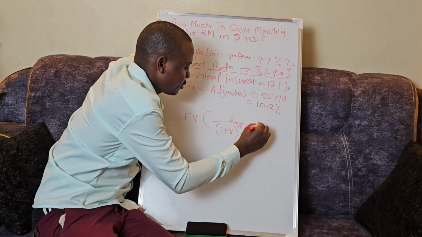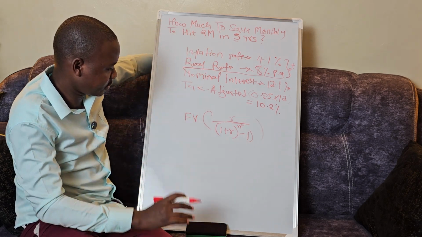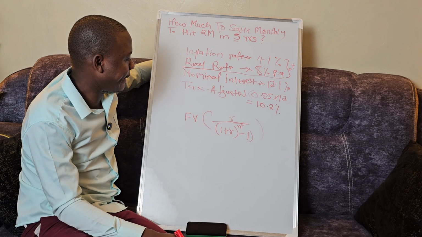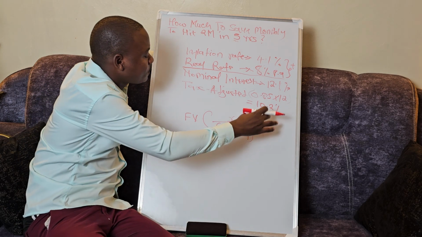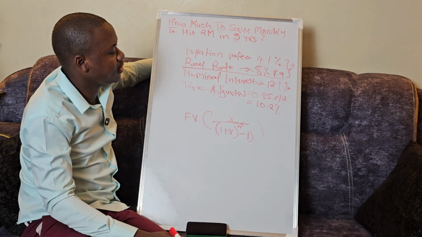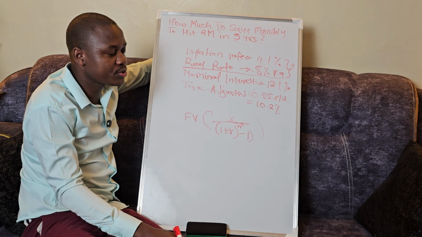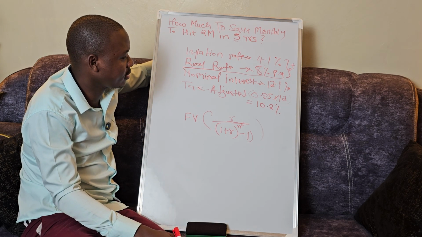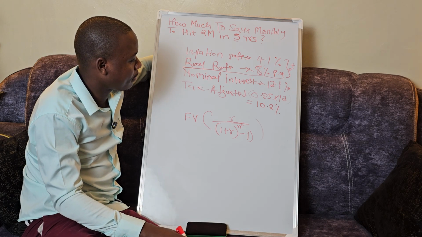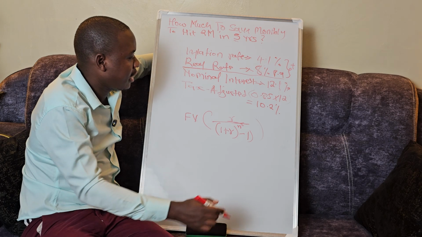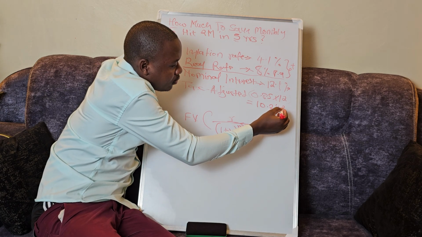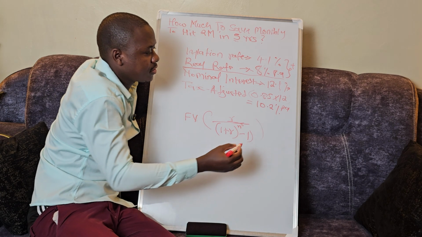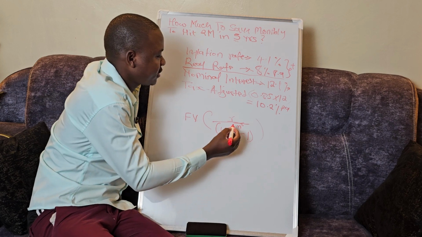So this is actually what we are going to do. There's some adjustment I'm going to do. I told you that this particular financial institution is compounding the interest every month, or monthly. So I'll convert this annual interest rate into a monthly interest rate.